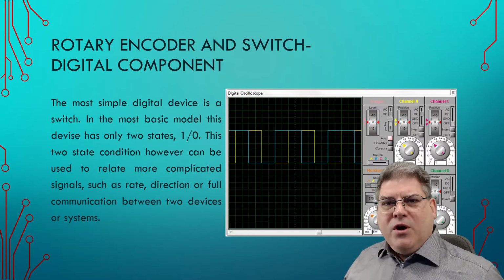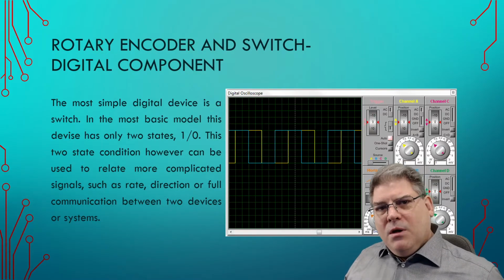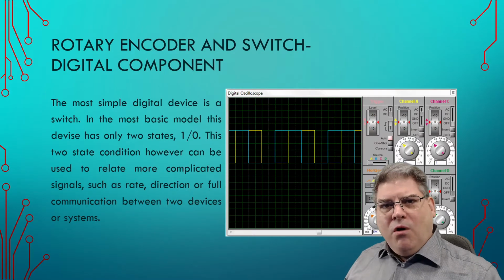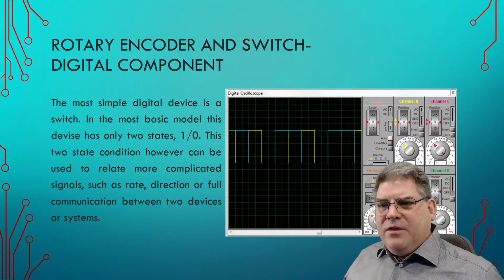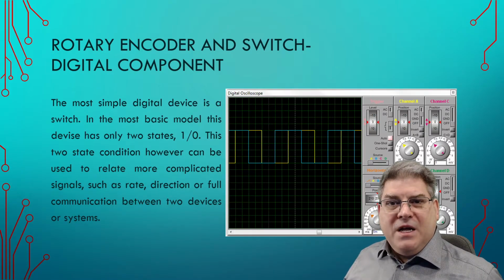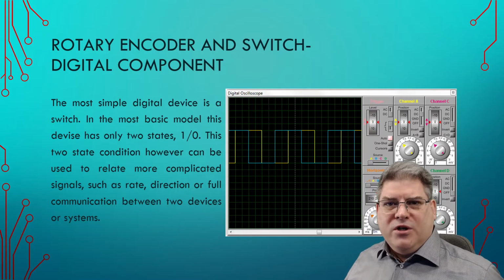If you think about your car radio, perhaps an older car radio had a knob that would be limited for the volume. You would hit an end stop and it would be muted. You'd go all the way the other way and it would be at maximum loudness. These used something called a potentiometer or a rheostat, and they were great and still are great for doing things with analog circuits.